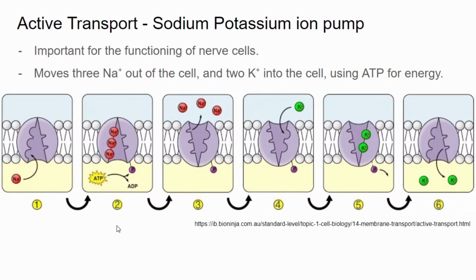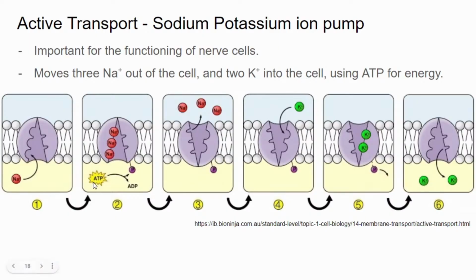So over here in our first diagram, you can see our carrier protein, our pump here, and it has these 3 little sites where our sodium ions can bind. When those sodium ions bind and they fill up, and ATP is able to bind and be converted to ADP, it leaves behind a little phosphate group, which is now bound to our carrier protein.